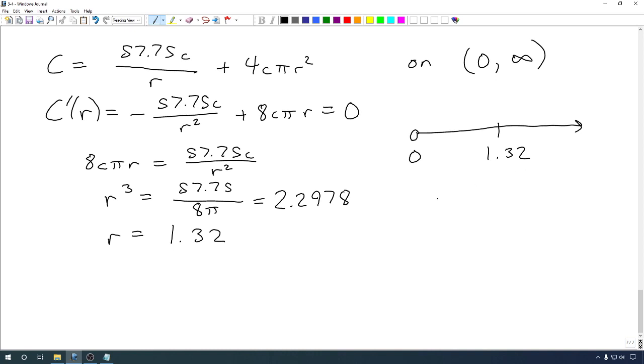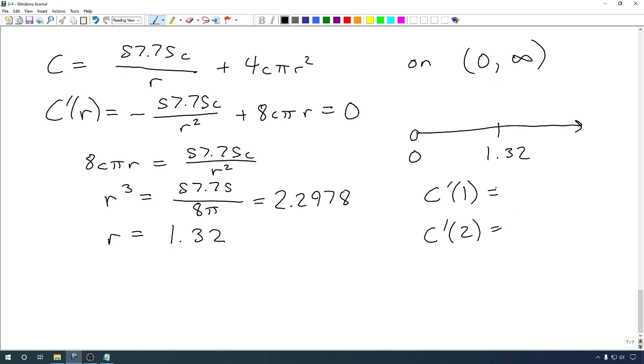We go ahead and take the value of c prime at test points around 1.32. I just pick 1 and 2. 1 for this first interval, 2 for the second interval. I just used a calculator for this. Keep in mind that each of our terms here does have a c in it, so what we get from these will have a c in them.